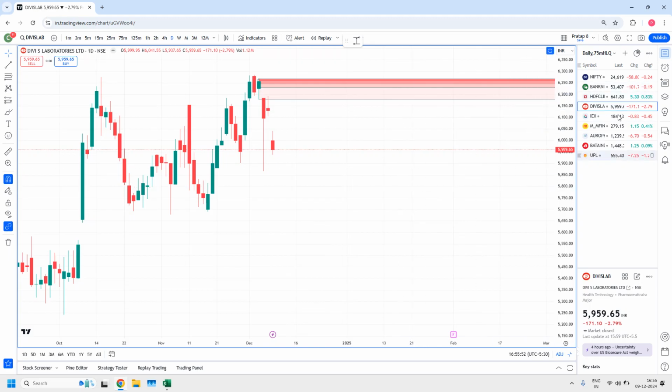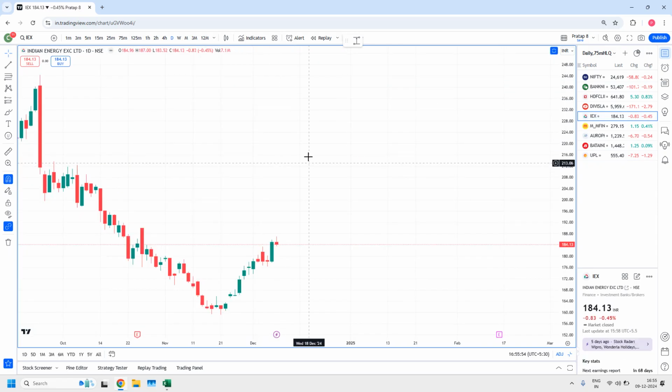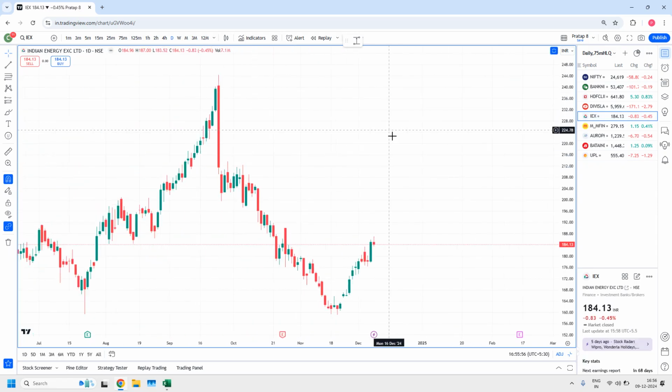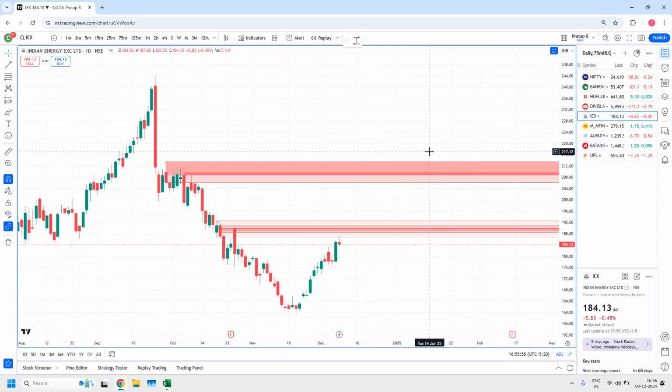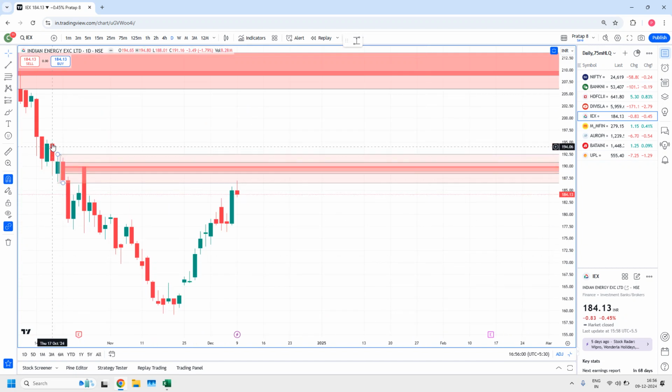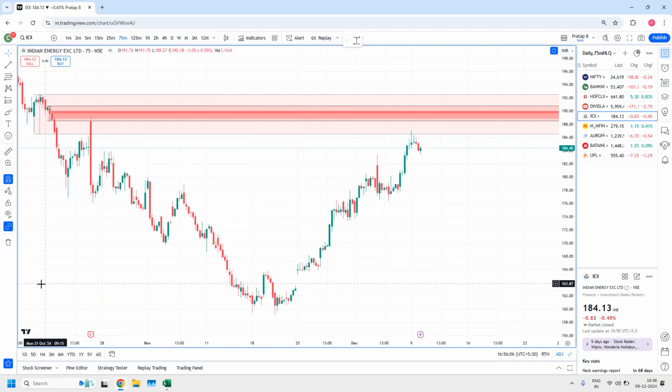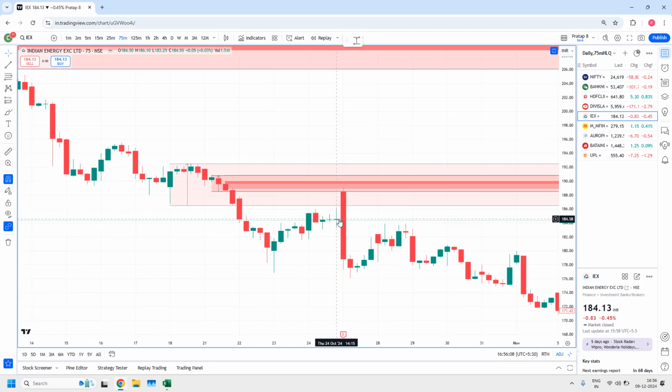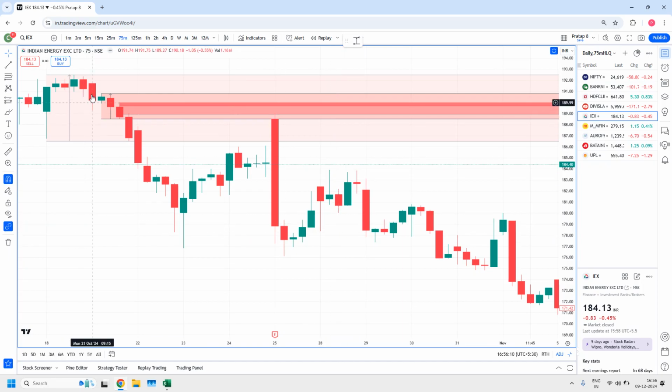Next one is IEX. This is also a daily high liquidity supply zone. You have drop, 2 base candles and again a drop candle. This one is fine tuned with the 75 minutes time frame. You have drop, 3 base candles and drop and follow through candles. This 75 minute zone again fine tuned with the 15 minutes time frame.